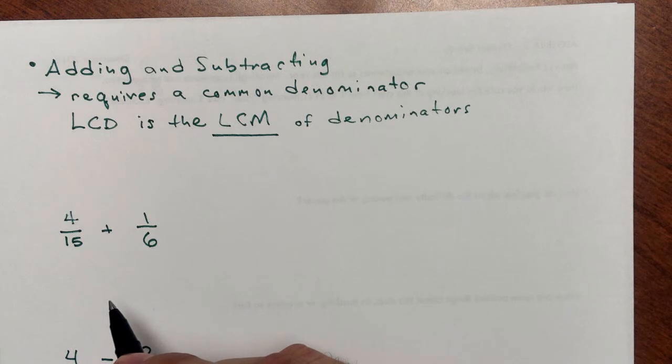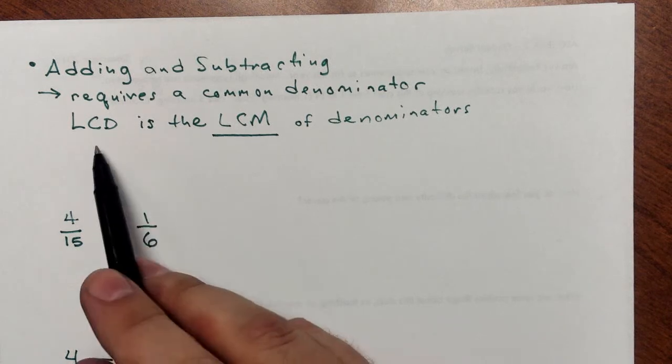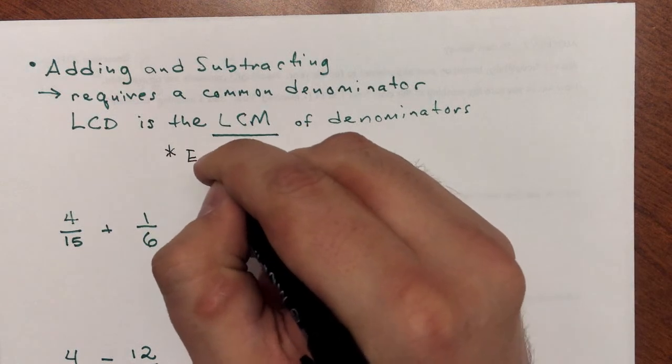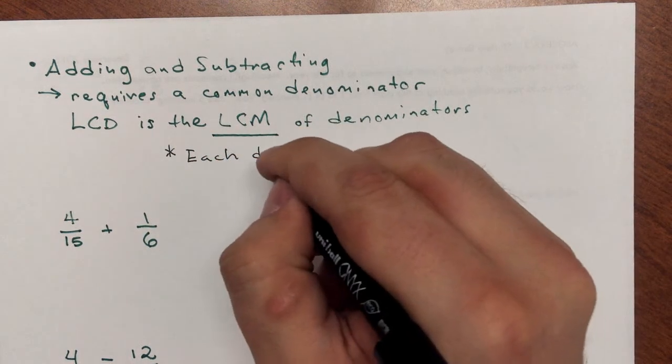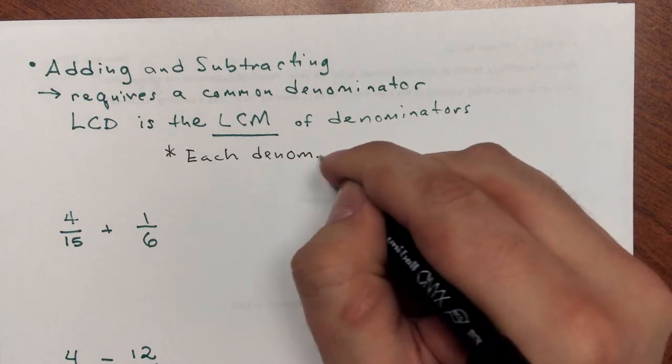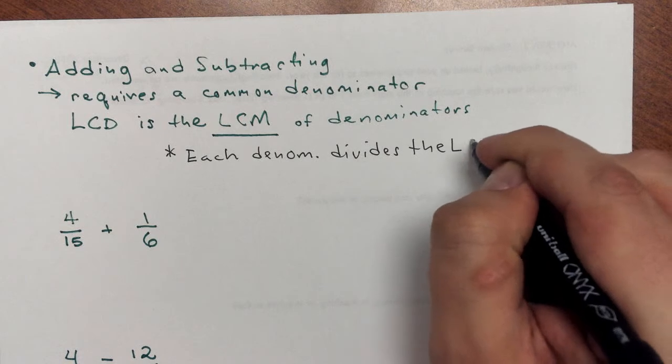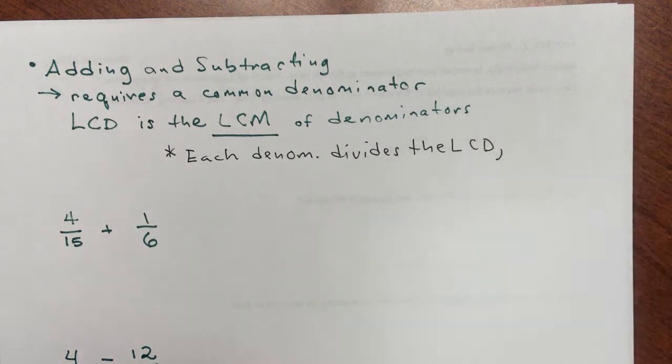So what you need to understand is that the least common denominator is the simplest denominator such that each denominator divides the LCD. So the question is, how do I find this?